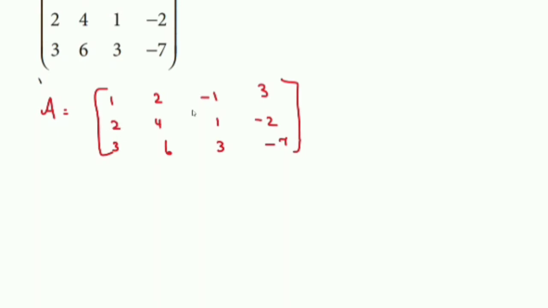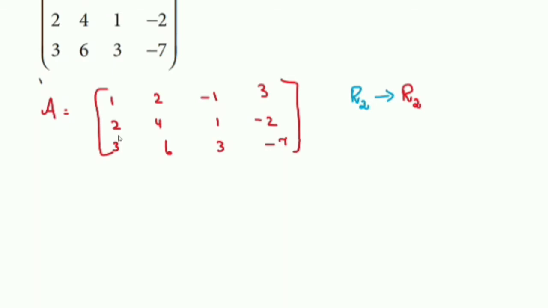For that I am going to do the elementary row transformation. So what is the elementary row transformation? I am going to take the second row, R2. To make this as 0, what should I do? What is the constant here? 2.